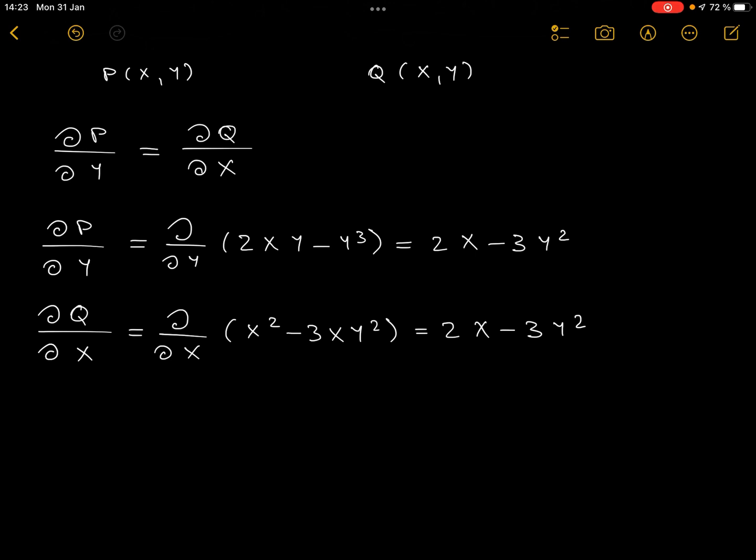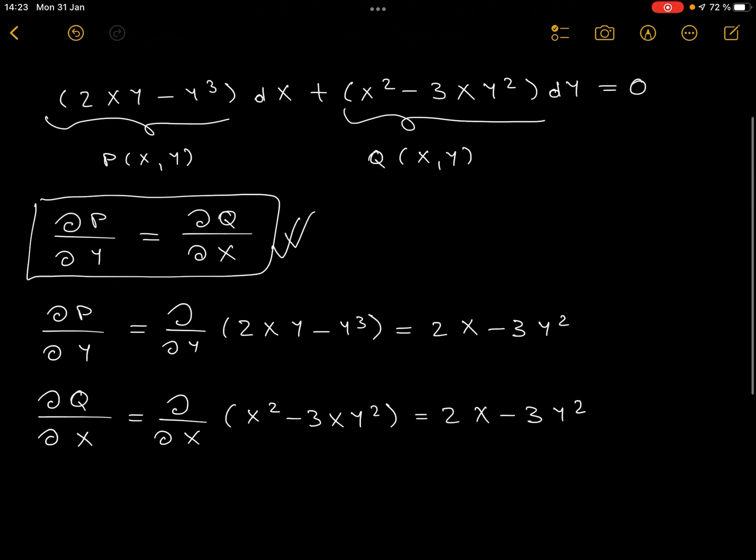So we can see that this condition is fulfilled, and therefore our differential equation is an exact differential equation.